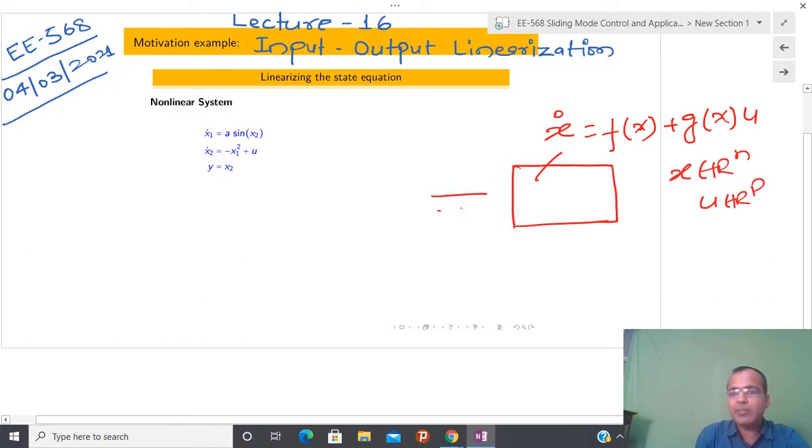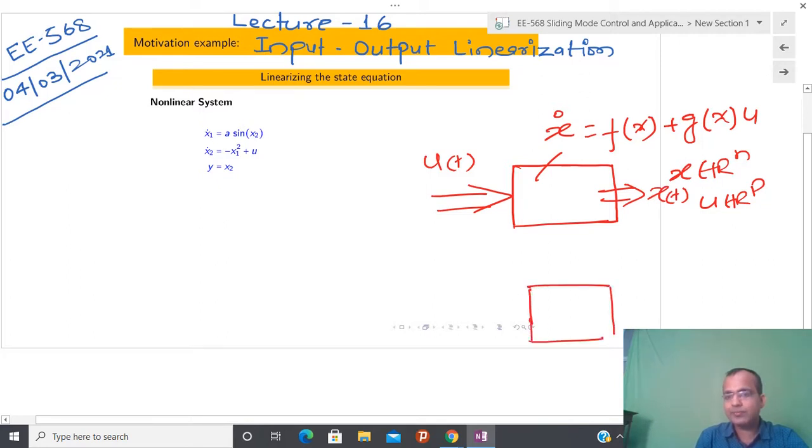And what I am saying is that I have some input u(t), and as output I have all the states. So I am not considering any specific output in the previous class, but in today's lecture we are going to become specific, because if you see any practical system, the situation is like this.